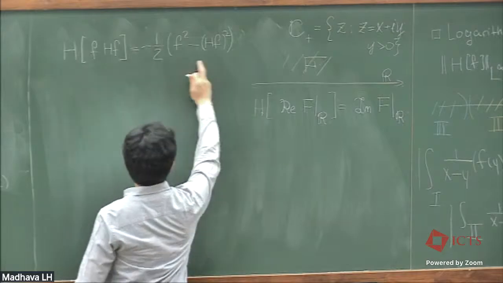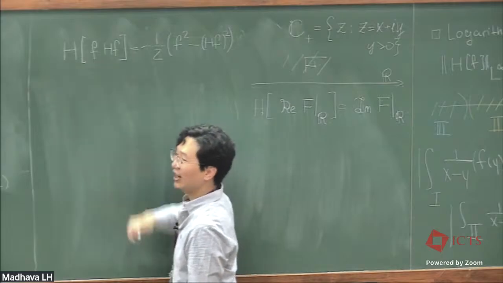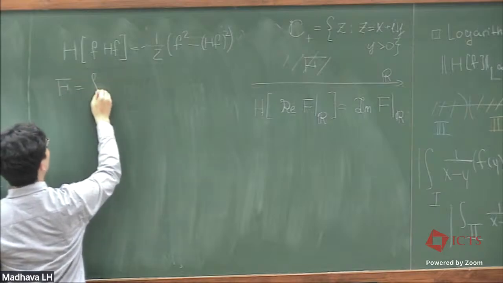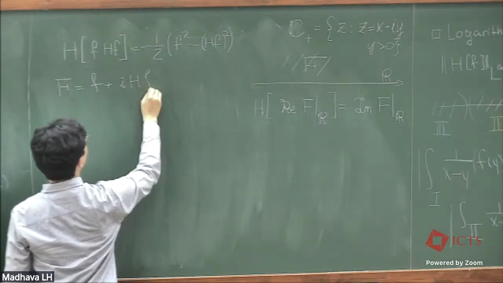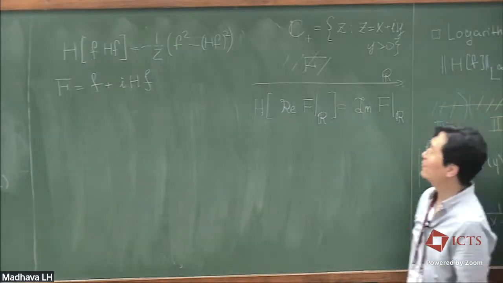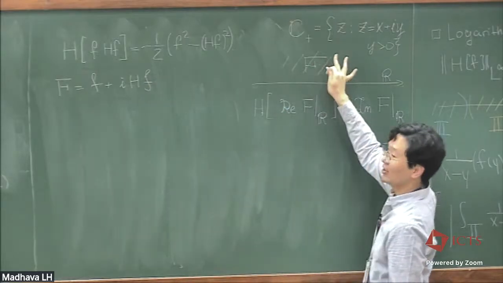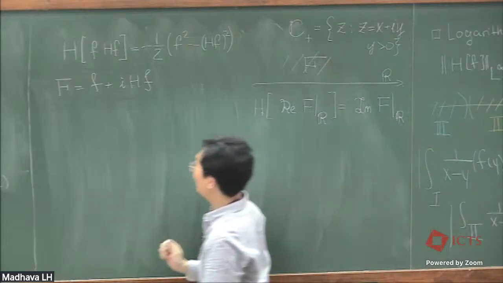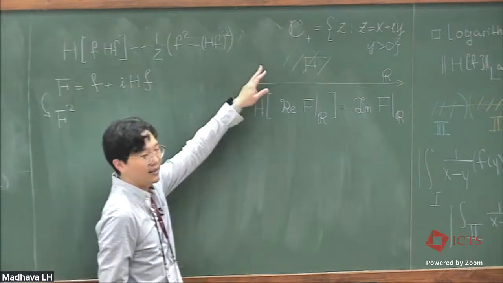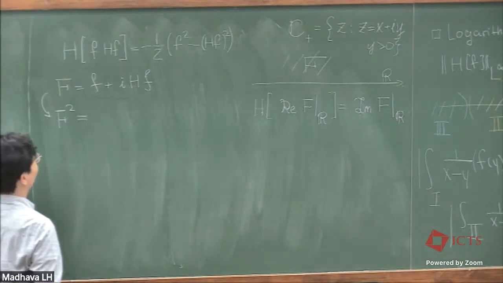So how do you prove this theorem? You have reasonable functions, f and Hf. You consider, say, capital F, f plus i Hf. And there is a way, for instance, using the Fourier transform to lift this function as a complex analytic function in C plus. That means F squared is also complex analytic in C plus. And you just compute what F squared is.